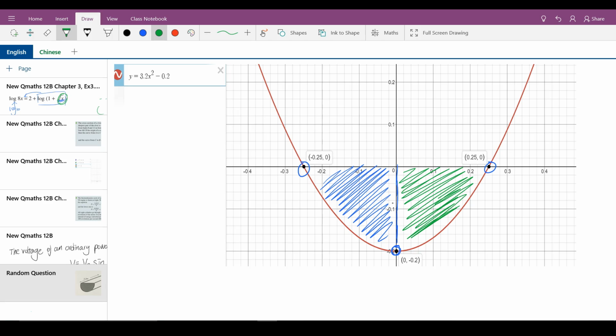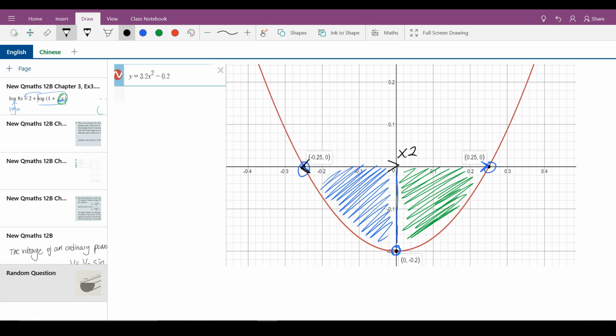So instead of finding all the area, I'm just going to find half of the area and multiply by 2. Instead of finding from here to here, I'm actually going to find from here to here and multiply by 2 at the end.